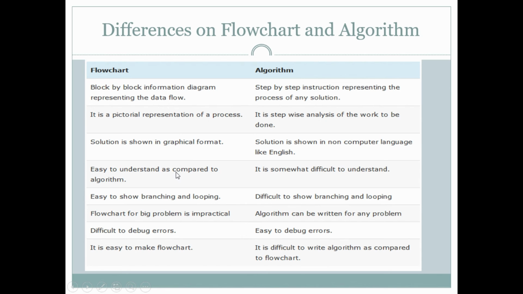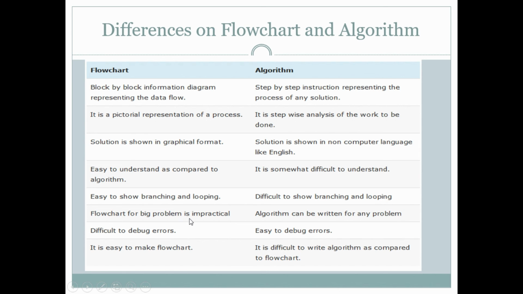A flowchart shows the solution in graphical format, whereas an algorithm shows solutions in non-computer language like English. A flowchart is easy to understand, whereas an algorithm is somewhat difficult to understand. It is easy to show branching and looping in a flowchart, whereas in an algorithm it is difficult to show branching and looping.